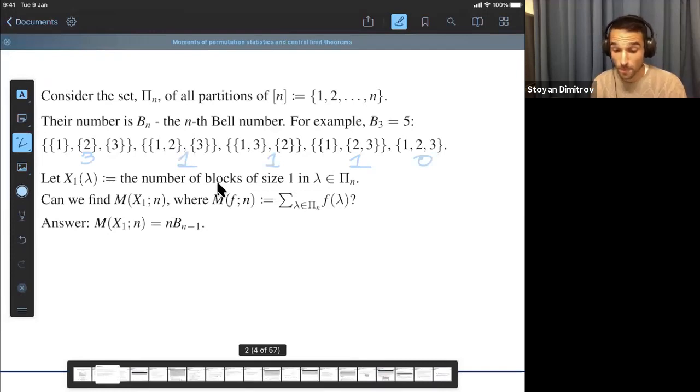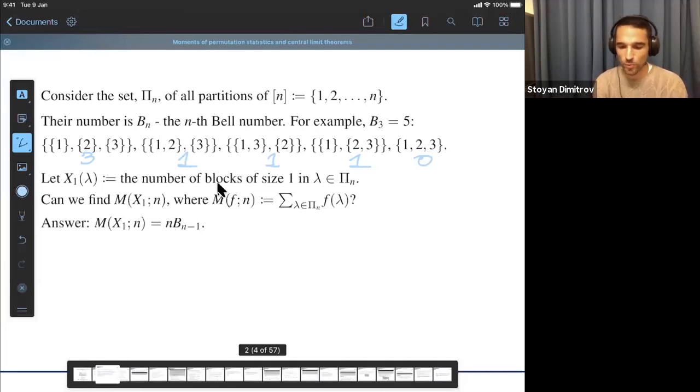So what we ask is, can we find the summation of this x1 over all set partitions? In other words, we want to know the total number of blocks of size 1 in all set partitions of size n. This question is important because if we have this sum, we can simply find the expectation of this variable x1 by dividing by the total number of set partitions.